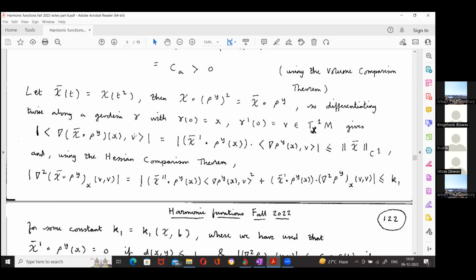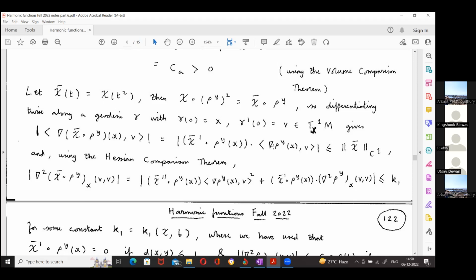By the chain rule, that is chi bar prime composed with rho_y into the derivative of rho_y along this geodesic.